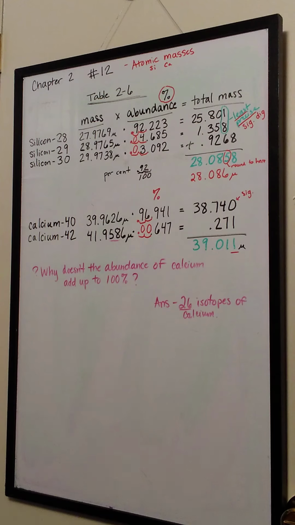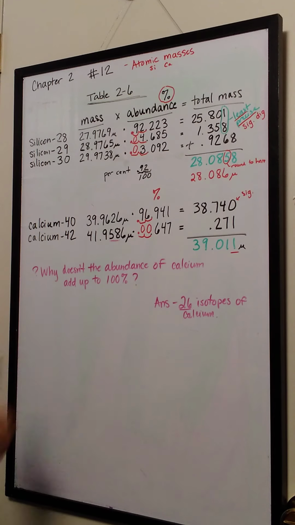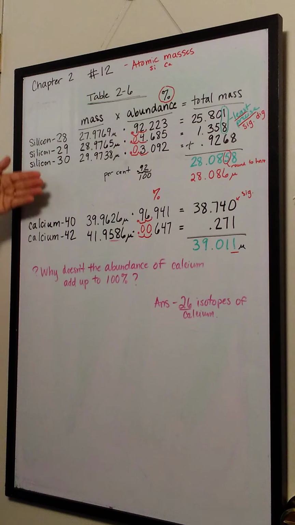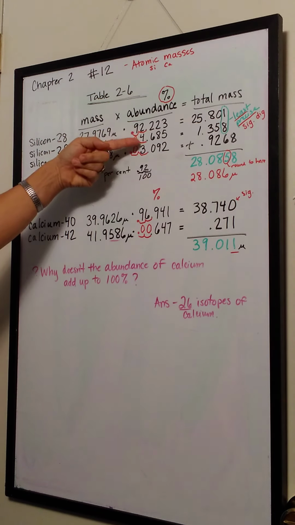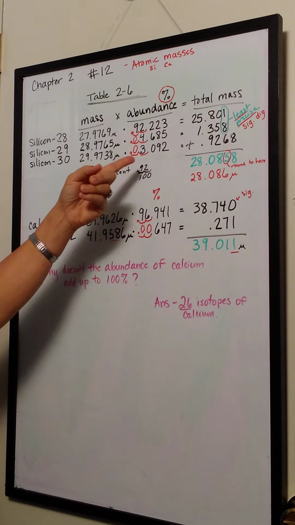And some student, Danny, thank you, asked, why doesn't the abundance of calcium add up to 100%? So that's a good observation. If we're accounting for all the isotopes, let's say for silicon, you should add up these numbers, 92, 4, and 3, plus the decimal places, and get something very close to 100%.